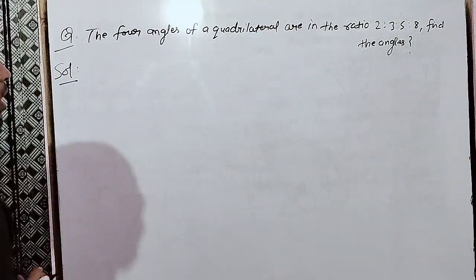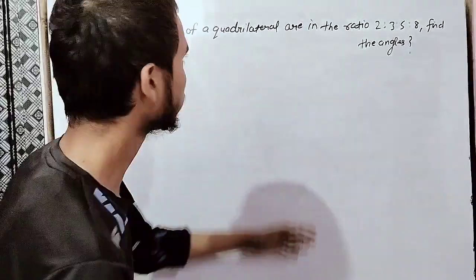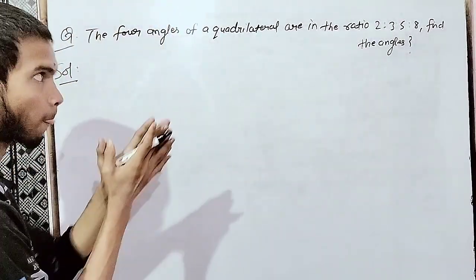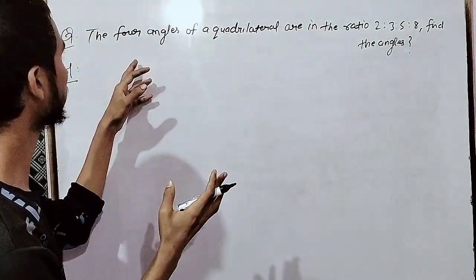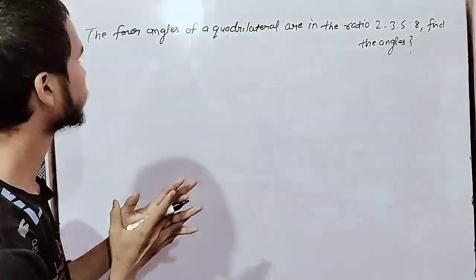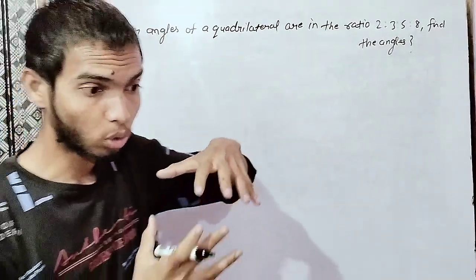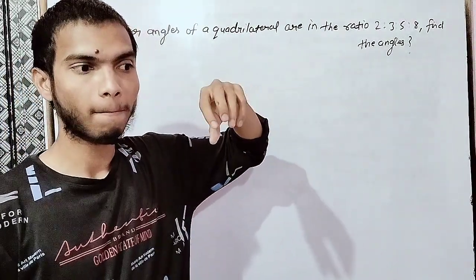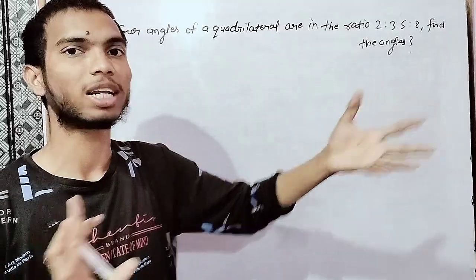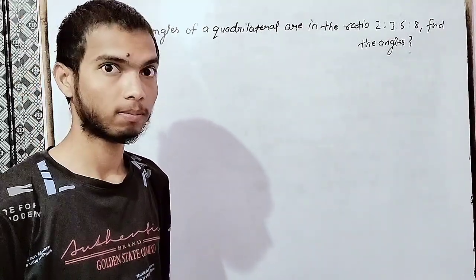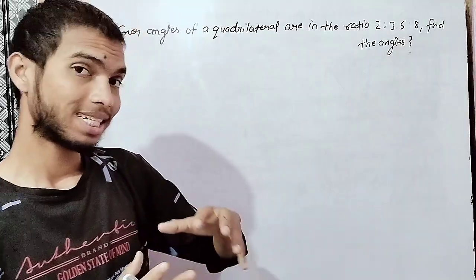Already we are familiar: the total interior angles of a quadrilateral is 360 degrees.